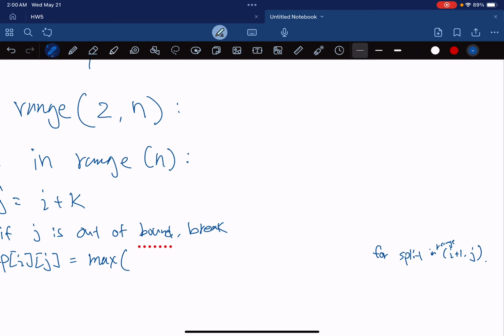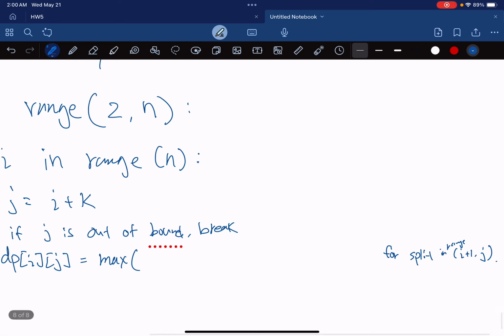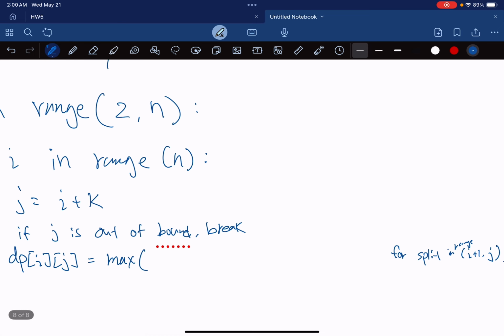And for each split in that range, we want to compute the max. And how do we compute the max? As we said, because we're removing the value at split last, we're separating it into left and right sides. The left side is very simple. It's just dp of i to split.